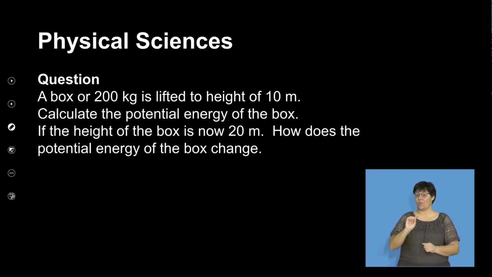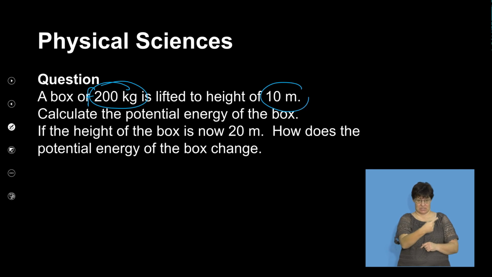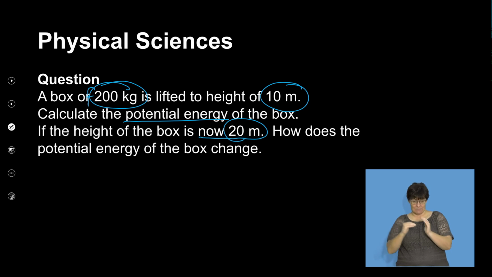First question. A box of 200 kilograms is lifted to a height of 10 meters. And now there are 2 questions. The first one is, calculate the potential energy of the box. If the height of the box is now 20 meters, how does the potential energy of the box change?